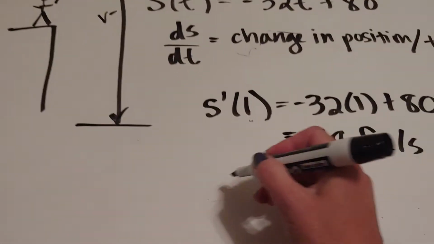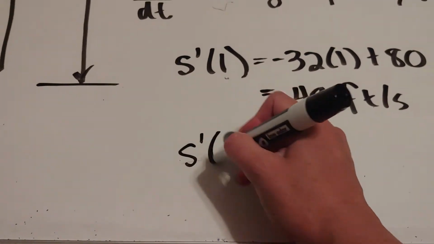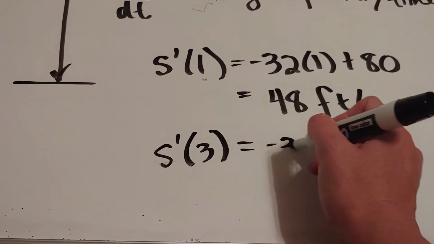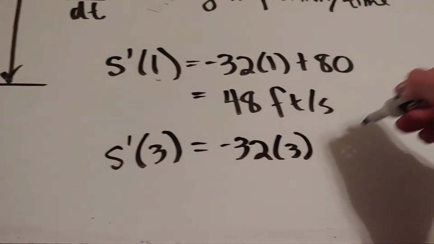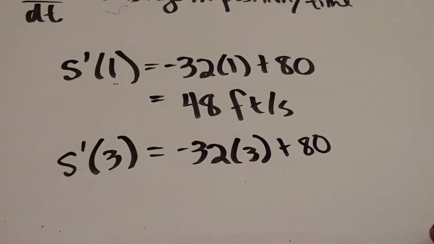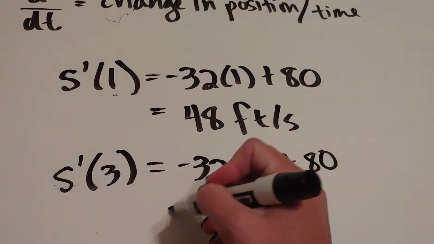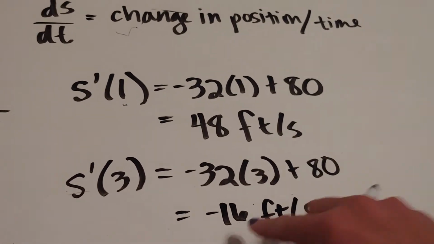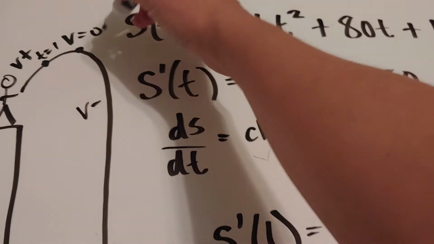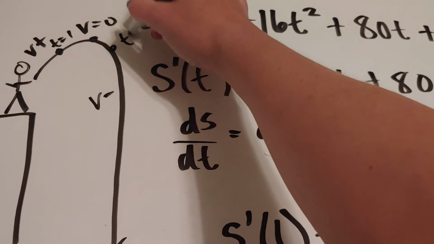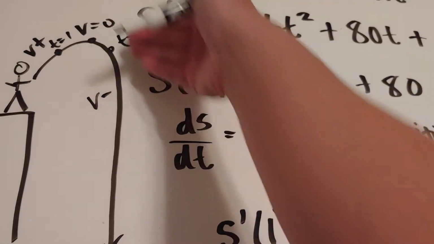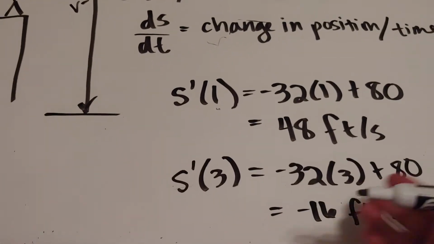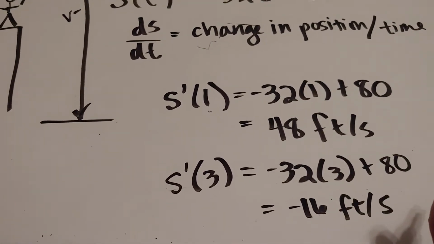We could keep doing this. I could plug in 2, I could plug in 3. If I plug in 3, I'm going to get a negative 16 feet per second. So I know at 3 seconds, I'm on this side. I'm not drawing it to scale, but I know that it's going to be on the downward side. At t equals 3, I'm having a slope of negative 16 feet per second.